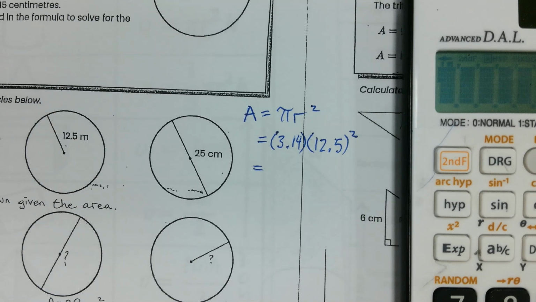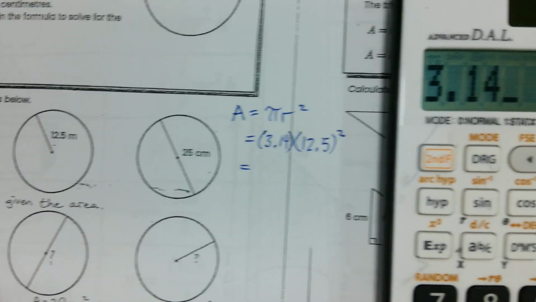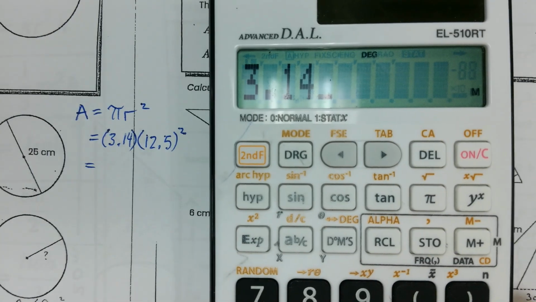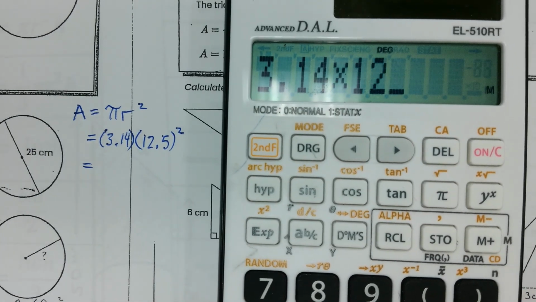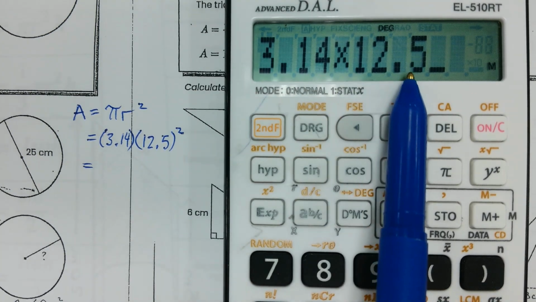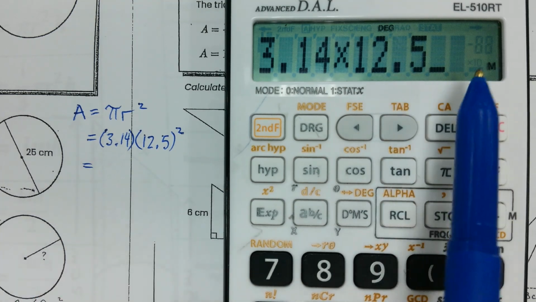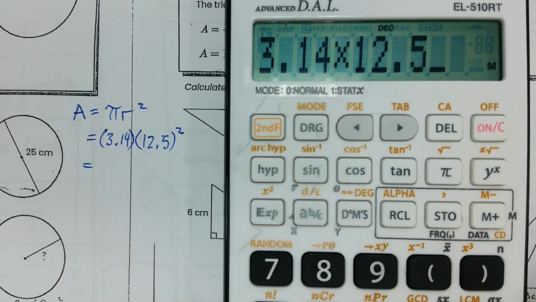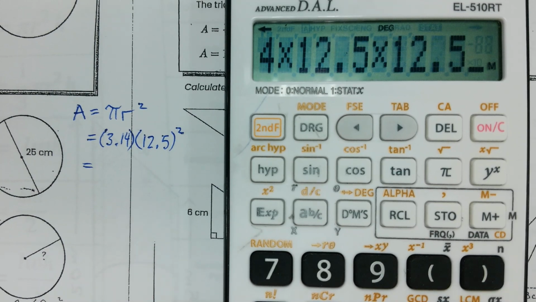I divided by 2. So on your calculator, make sure you do 3.14 times 12.5, and then what? Square, or simply just times another 12.5.